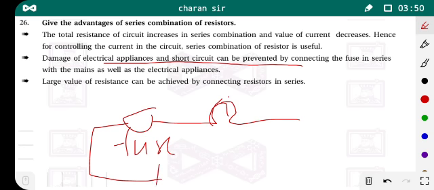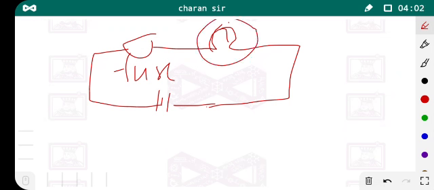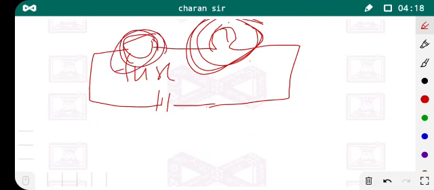When we apply the voltage difference across this bulb, and for its protection we have connected the fuse in series, then when the current increases, the fuse reduces the current and the required current passes through this bulb, so the bulb is protected by this fuse. So this is the second advantage. We connect the fuse in series, so this increases the resistance, the current will be decreased, and that is required for electric bulbs.